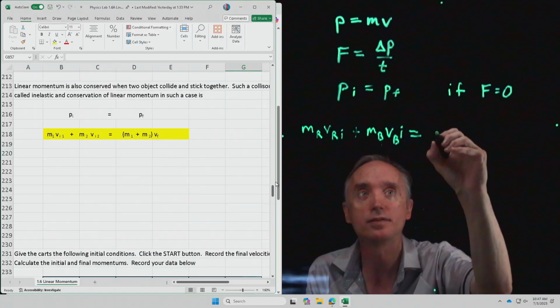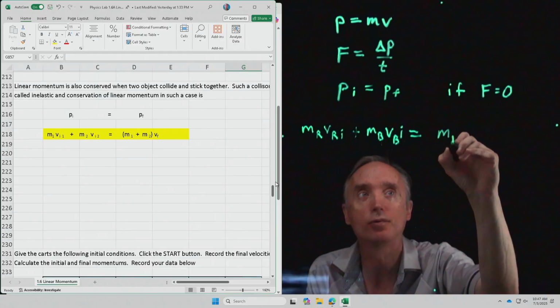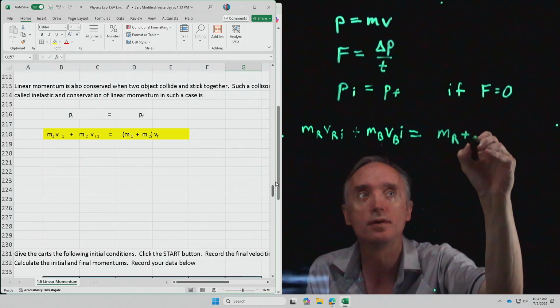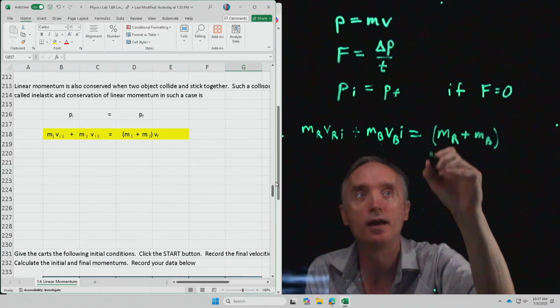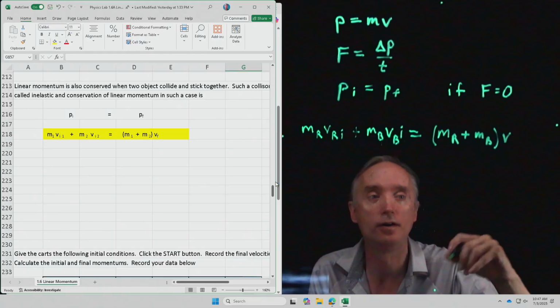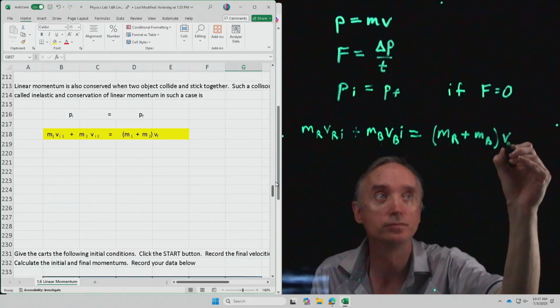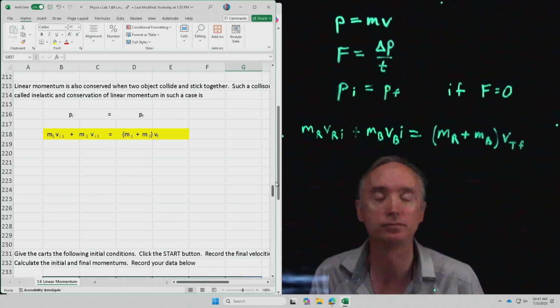So when they're stuck together, we could say that this is going to be the mass of the red one plus the mass of the blue one, because they're stuck together, and then multiply that by the total speed afterwards, so final.